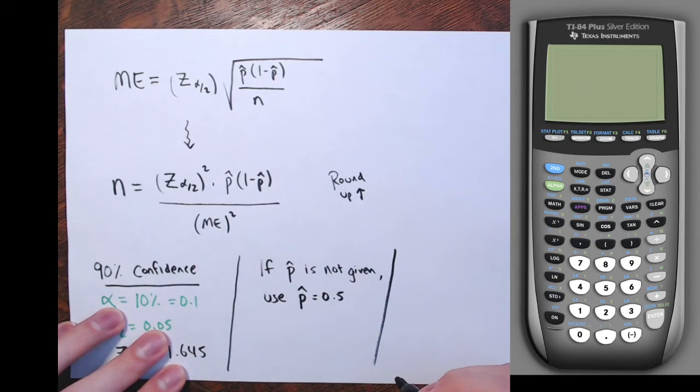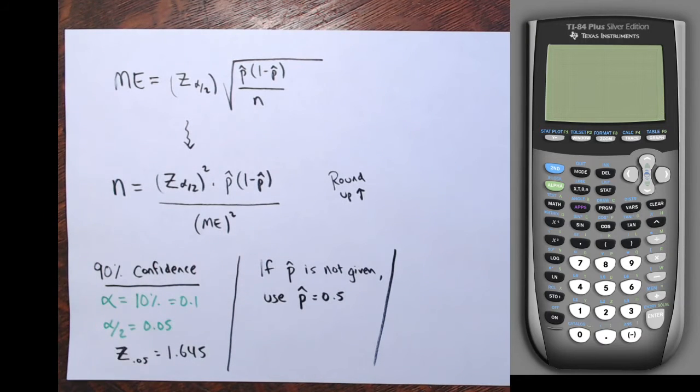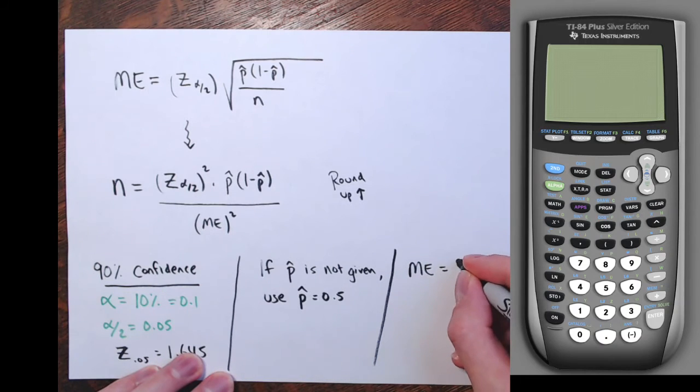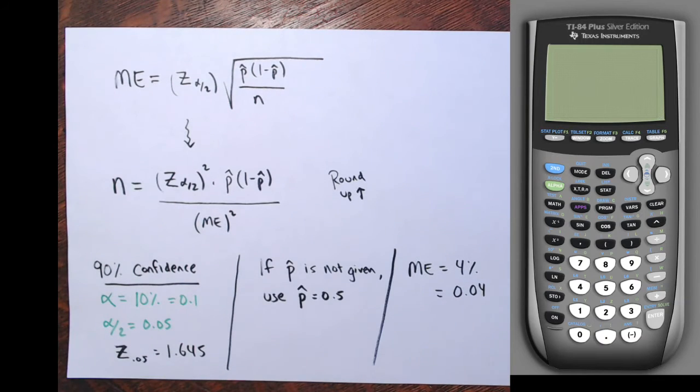And then one last thing we were given: this store wants to be 90% confident that their sample proportion is within 4% of the true population proportion. So they would like the margin of error to be 4%. But remember, don't enter 4. 4 percentage points means 0.04, not 4.